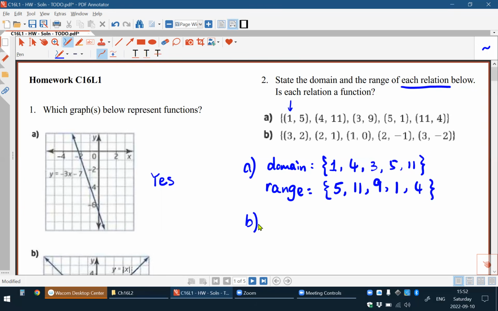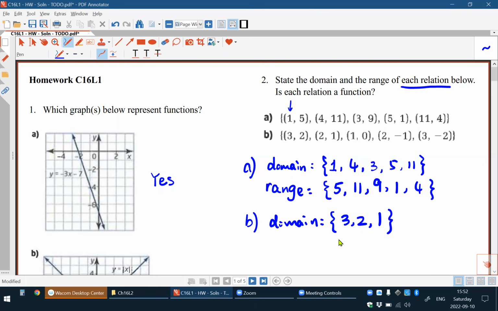Okay, for question B, again, the domain is a collection of all possible values of the independent variable, but you cannot contain the same element more than once. So that's 3, 1, 2. You don't have to write 2, 3 here because we have already had 2, 3 here.